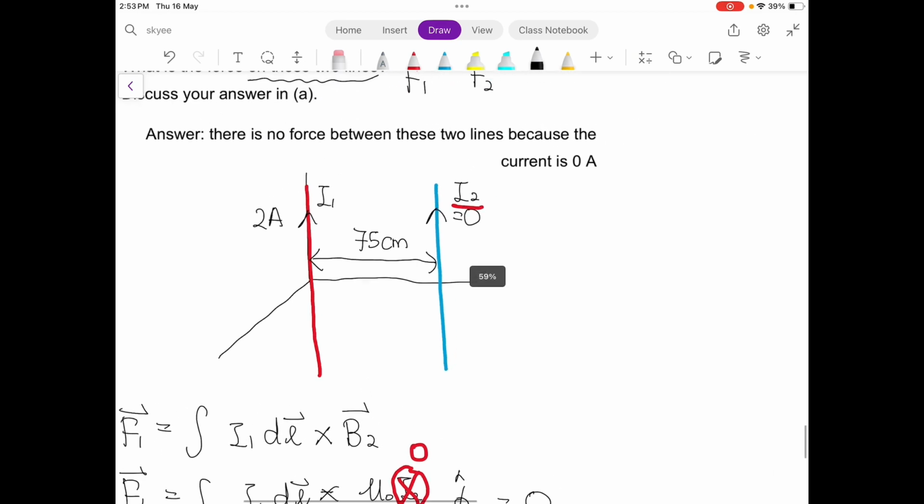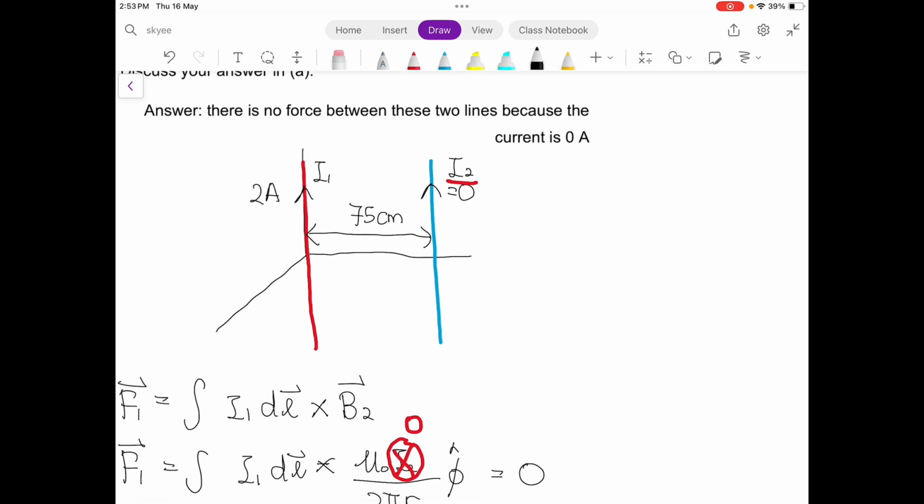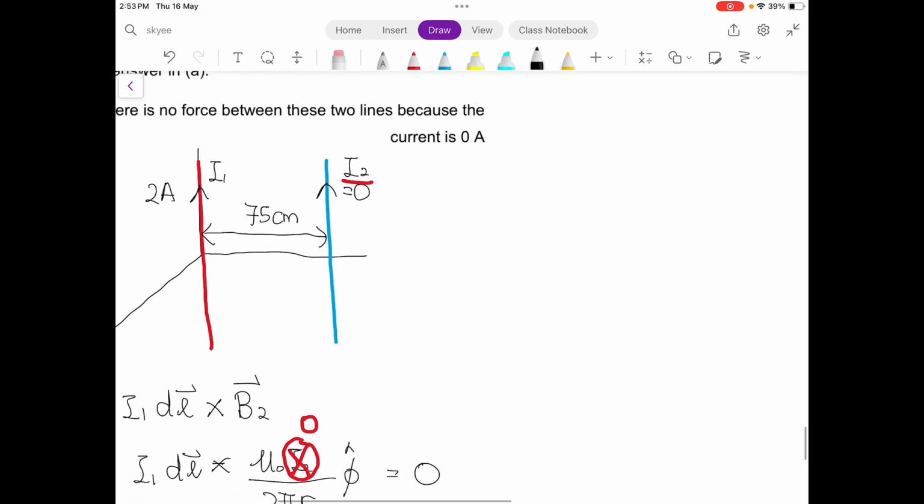Right, we look at the F2. What is the equation for the F2? F2 is the force that is acting on the I2 due to the magnetic field that is generated by the I1. Do you have a value for the I2?